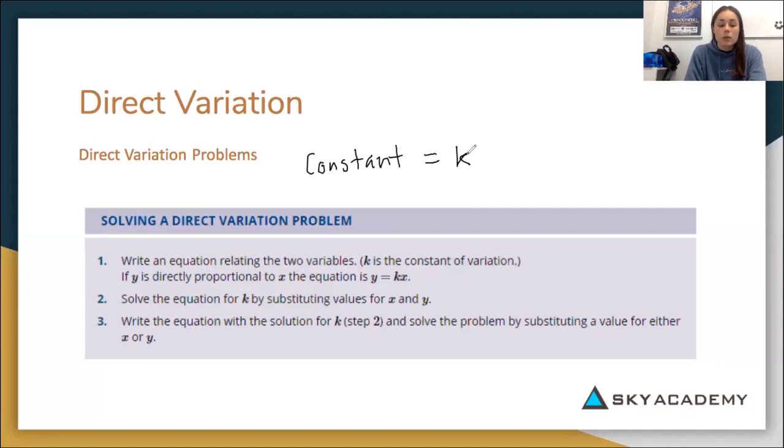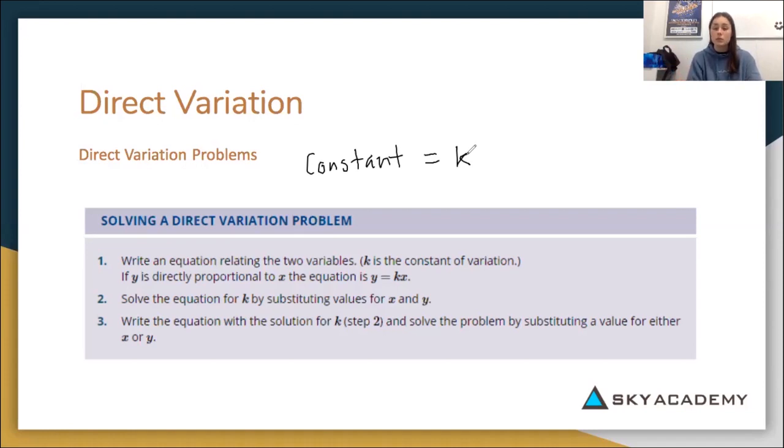For example, the hourly rate of pay is the constant of variation when determining a person's wage. To solve the problem, you would have to write an equation relating the two variables to calculate the value of K to find the connection between the two.